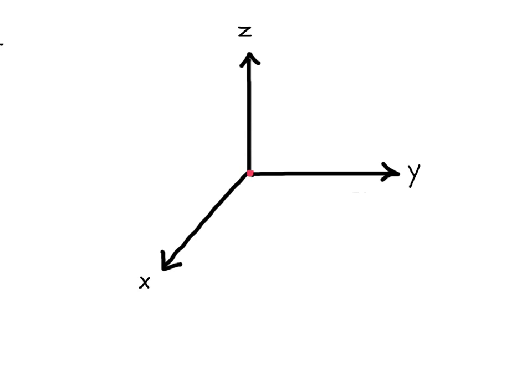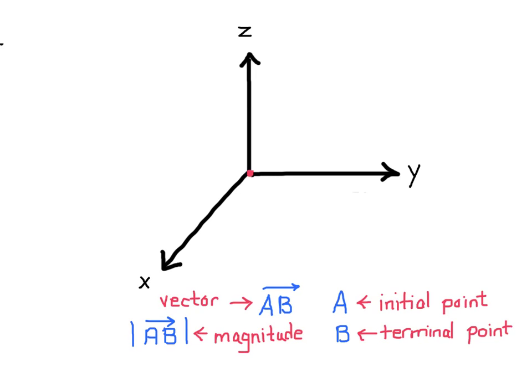The vector represented by the directed line segment AB, written with a vector arrow over it, has an initial point A and a terminal point B, and a magnitude which is the absolute value of AB. So that's our magnitude. Two vectors are equal if they have the same length and the same direction.